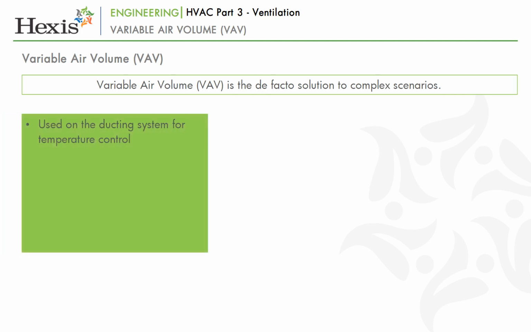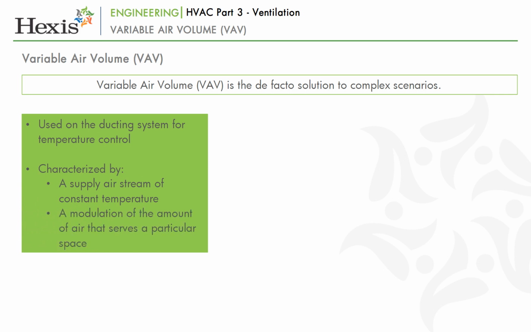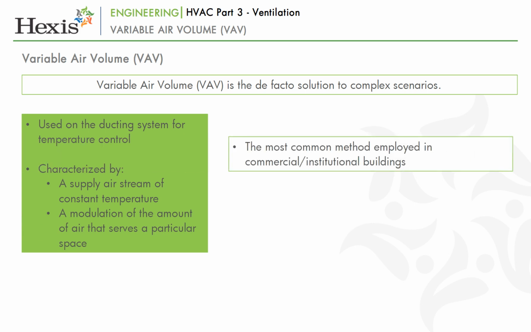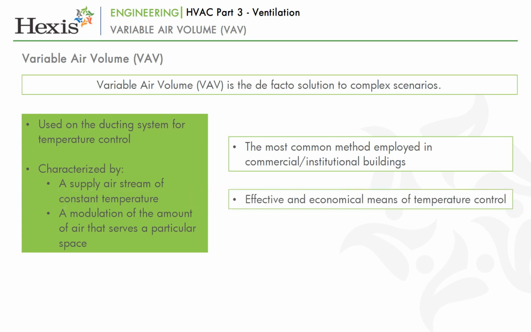Variable air volume, that is VAVs, are used on the ducting system for temperature control and are characterized by a supply airstream of constant temperature, and a modulation of the amount of air that serves a particular space. VAV is the most common method employed in commercial or institutional buildings and is both an effective and economical means of temperature control.